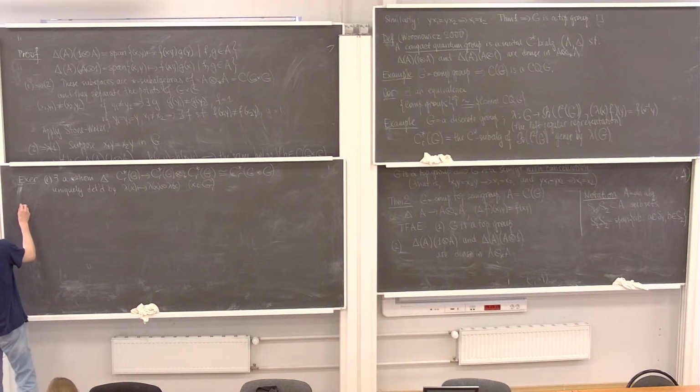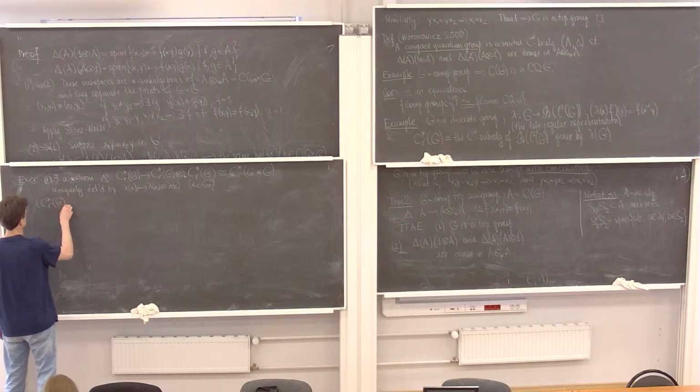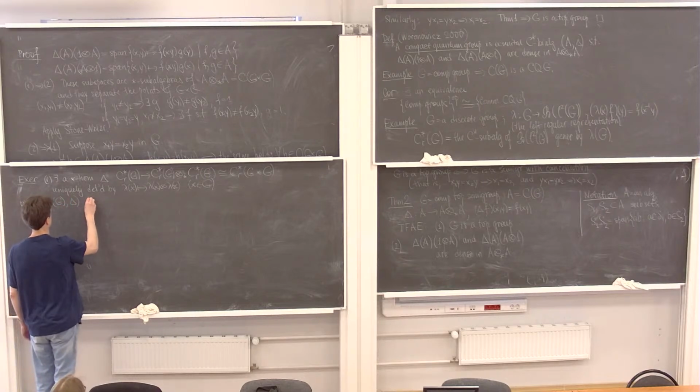This star homomorphism is easily seen to be co-associative. And I claim, moreover, that it makes our reduced group C-star algebra into a compact quantum group.